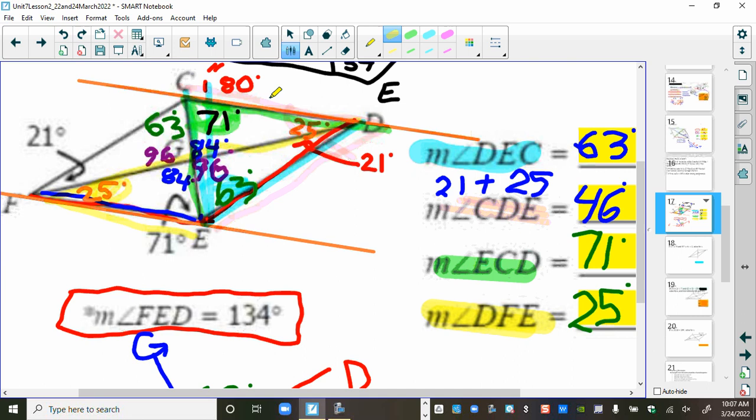So these are your four numbers: 63, 46, 71, 25. And that's how some of these problems are going to be. You're going to have to look at each little part. Okay, given this clue, what's my other clue? Or given this information, what do I do to get other information?